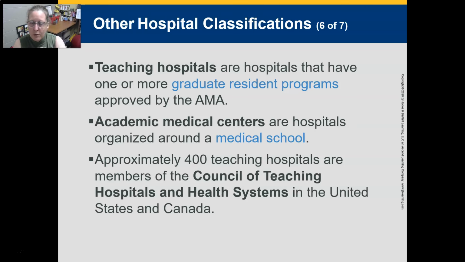They're doing their clinical hands-on experience there, and they're associated with the medical school. It can be a medical school, but there are also some that have nursing programs and other allied health programs. There are approximately 400 teaching hospitals that are members of the Council of Teaching Hospitals and Health Systems in the United States and Canada.